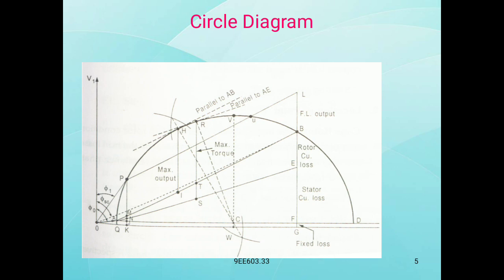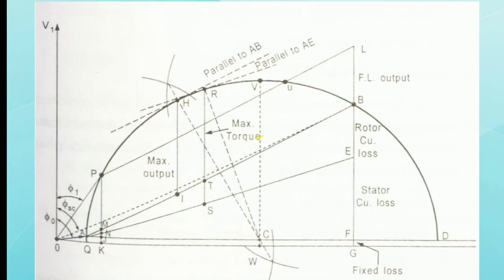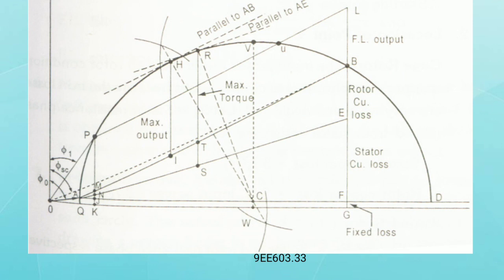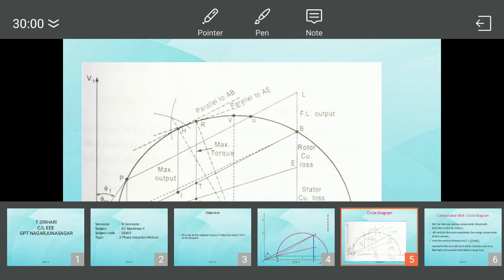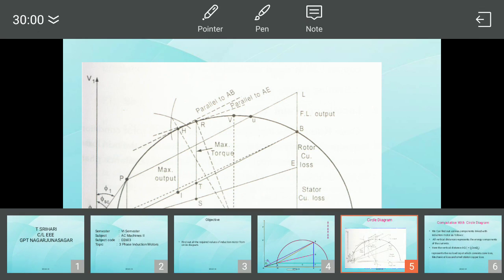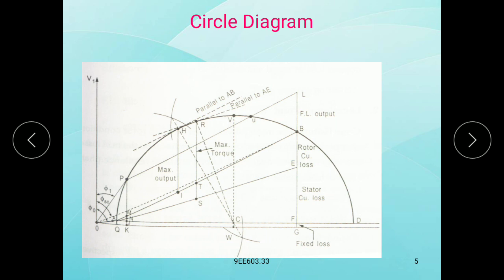Observe this one: phi naught, phi SC, phi 1. Here phi naught is the angle between V1 and I naught.